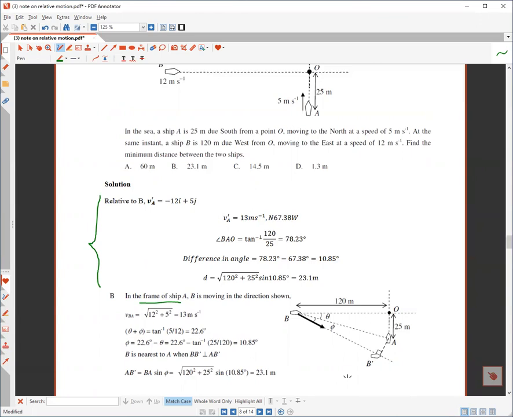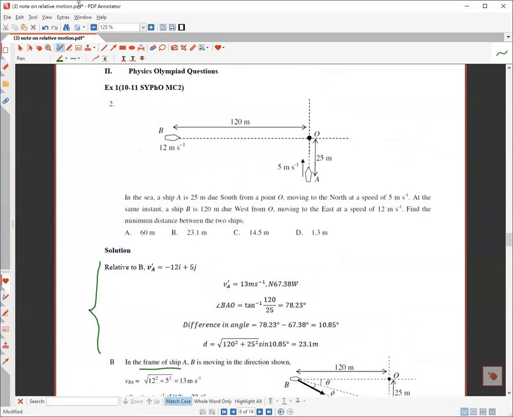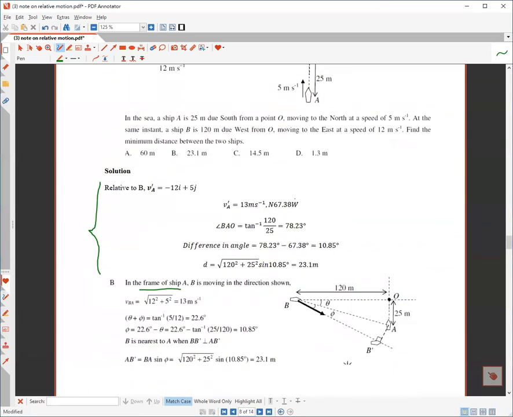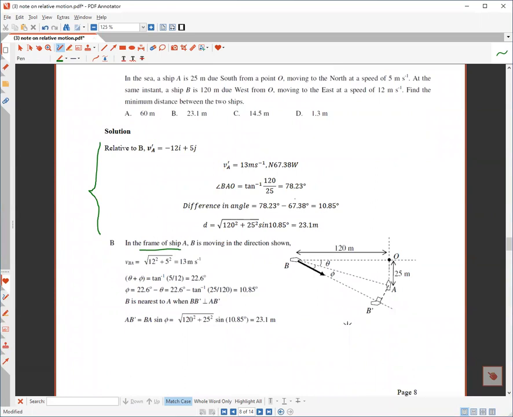Now we have written down a formula in the last lesson, and let's see how we apply the formula.